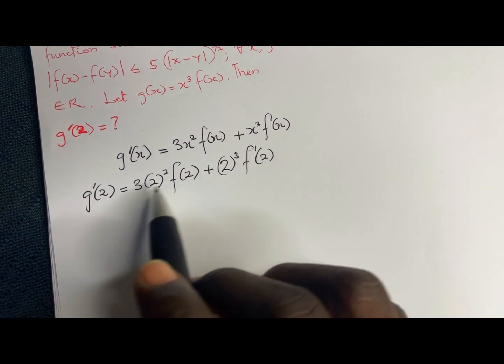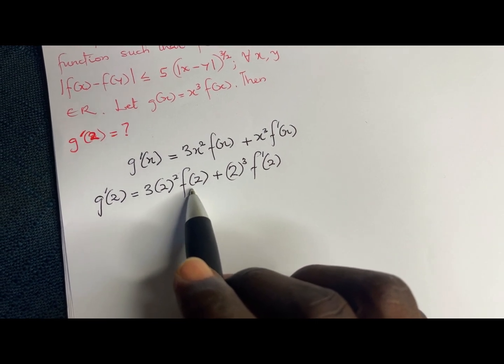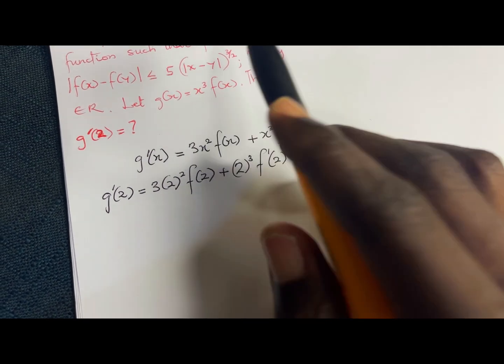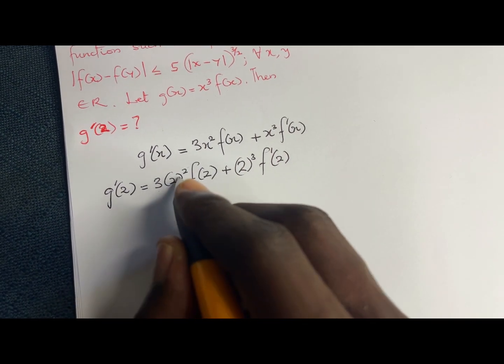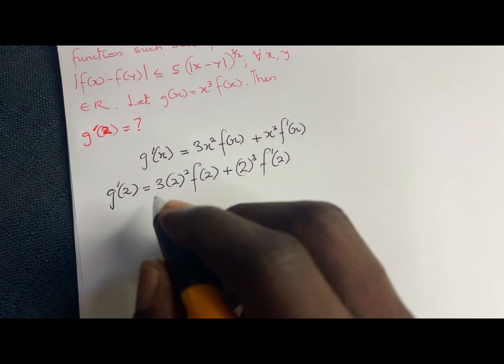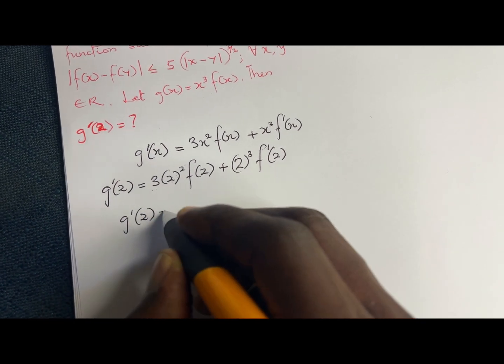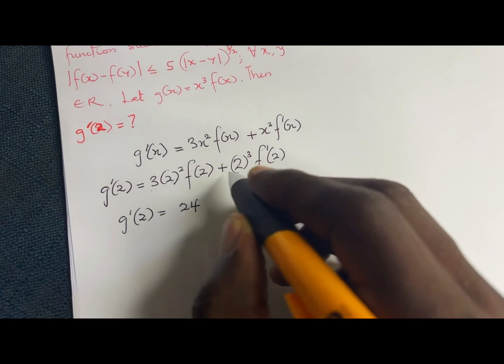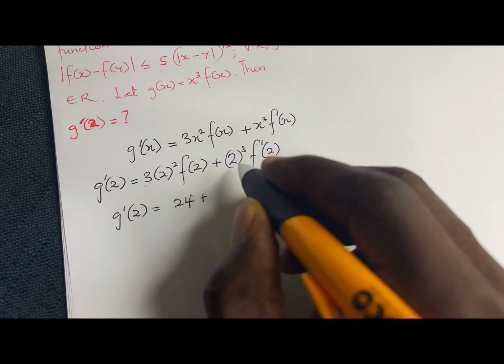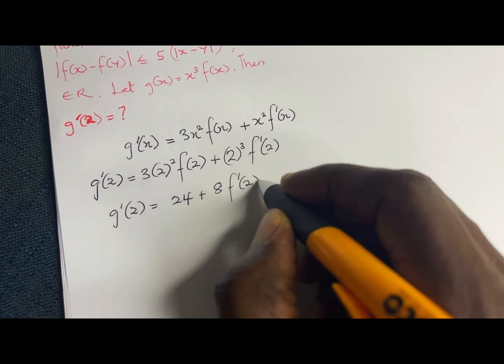We know that f of 2 equals 2, that is given here. So this gives us 3 times 4 times 2, which is 24. So g prime of 2 equals 24 plus 8 f prime of 2.